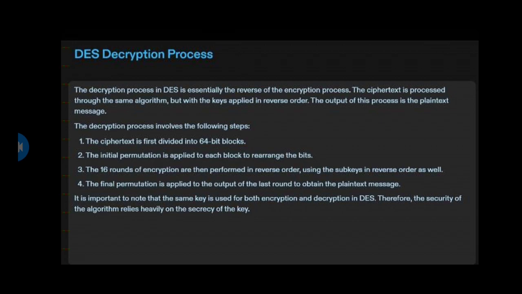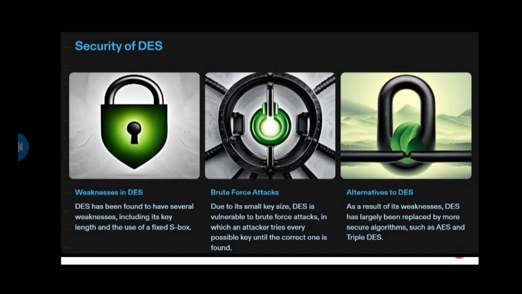The final permutation is applied to the output of the last round to obtain the plain text message. It is important to note that the same key is used for both encryption and decryption in DES. Therefore, the security of the algorithm relies heavily on the secrecy of the key.